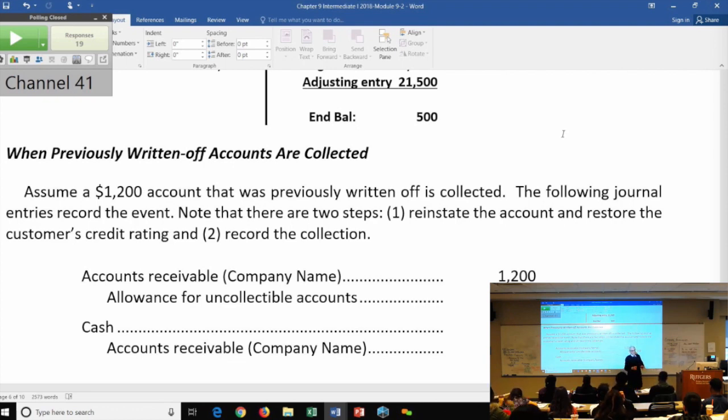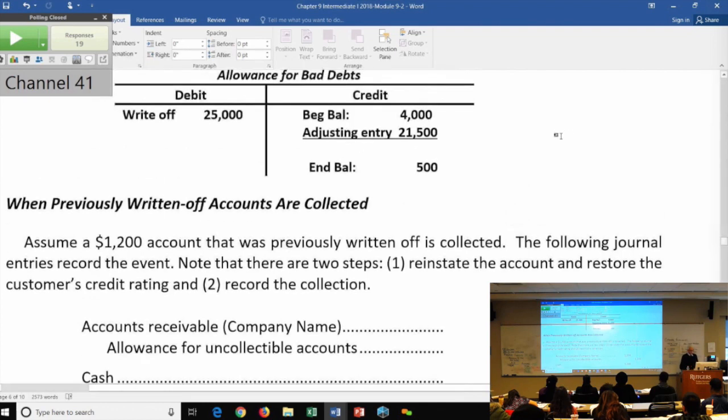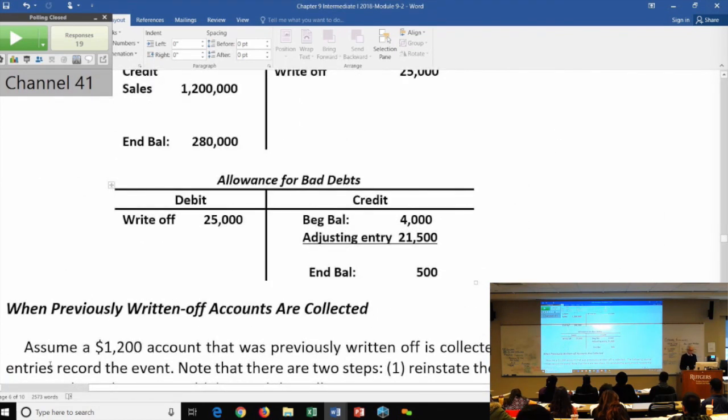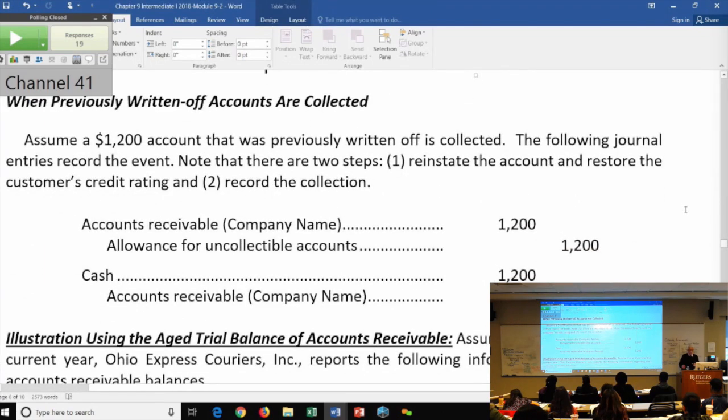So we just wrote off 25,000. If you recover, first step, reinstate the account, it reverses the write-off, correct? It debits the receivable with the customer's name and credits the allowance.